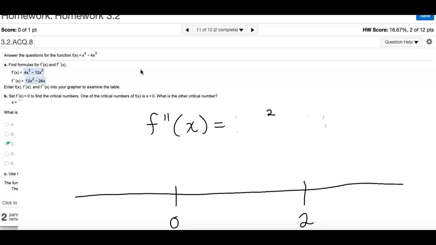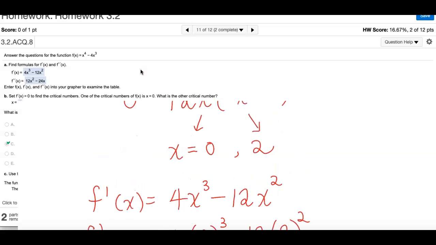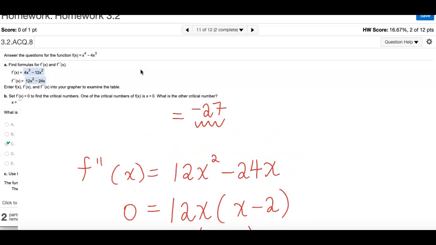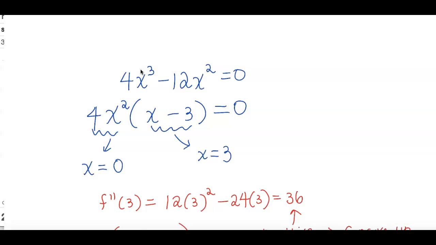In fact, I have something better. We have this factored out somewhere. Here it is. Because if we are finding the sign, it's much easier to work with the factored form.